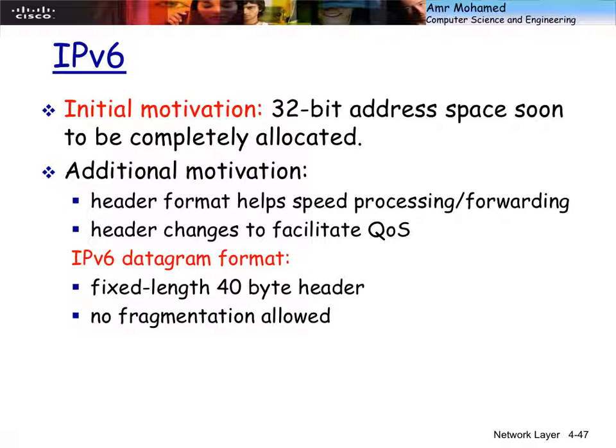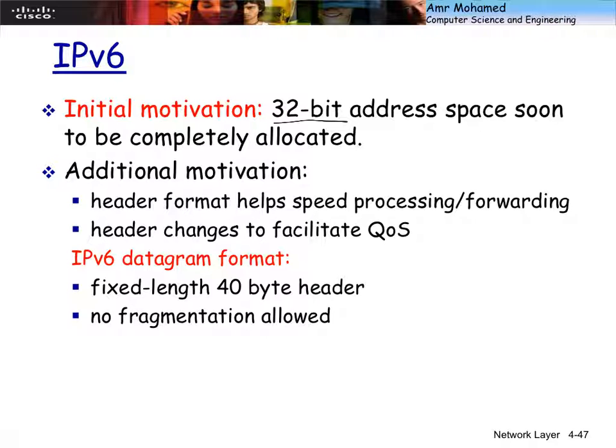Which will be the way to go for IP version 6, because by increasing the address size from 32 to 128, this will have implications on the complexity for sure. We want to do that because we want a bigger address space, but this will have an implication on the complexity.